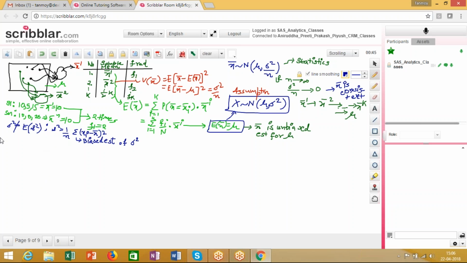Therefore, what we generally use is an alternate measure, which we call S dashed square, equal to 1 by n minus 1 summation xi minus x bar whole square.